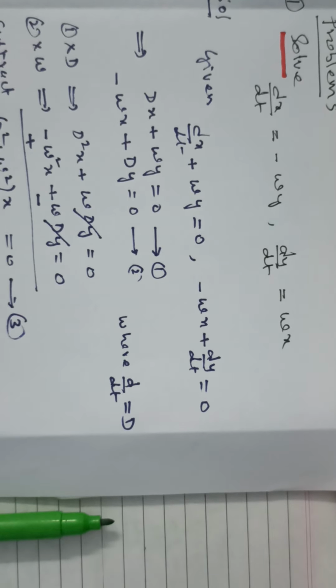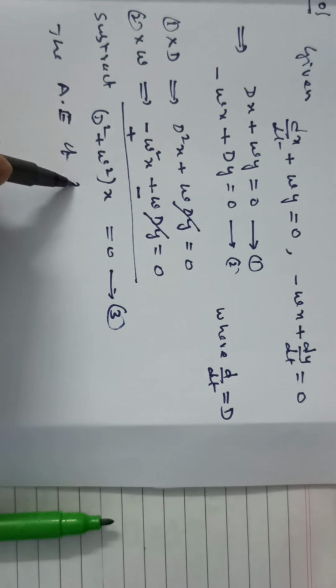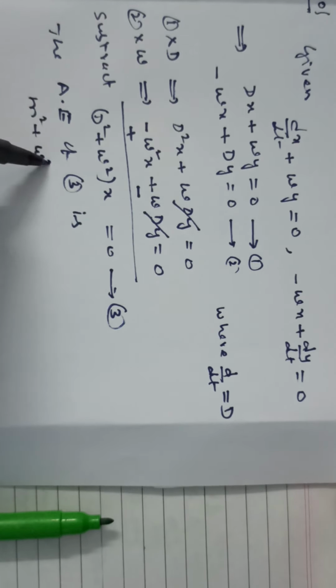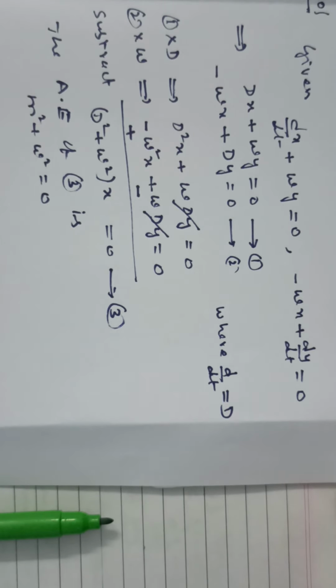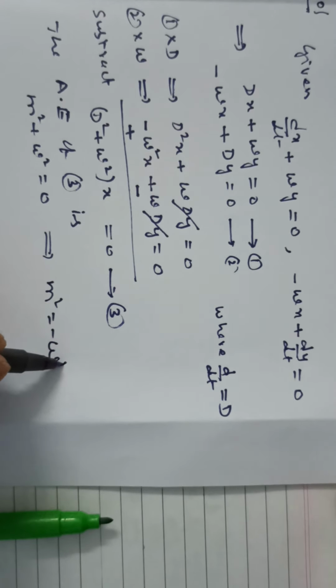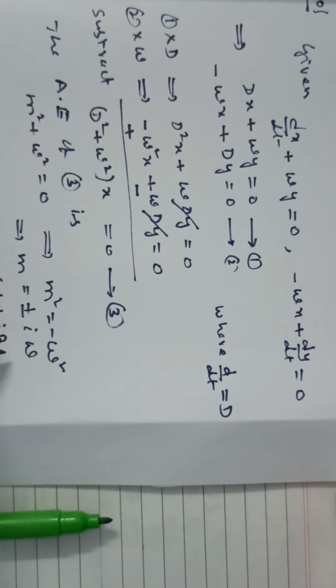The AE of 3 is m square plus omega square is equal to 0, implies m square is equal to minus omega square, implies m is equal to plus or minus i omega. So these are of the form alpha plus or minus i beta is equal to 0 plus or minus i omega.